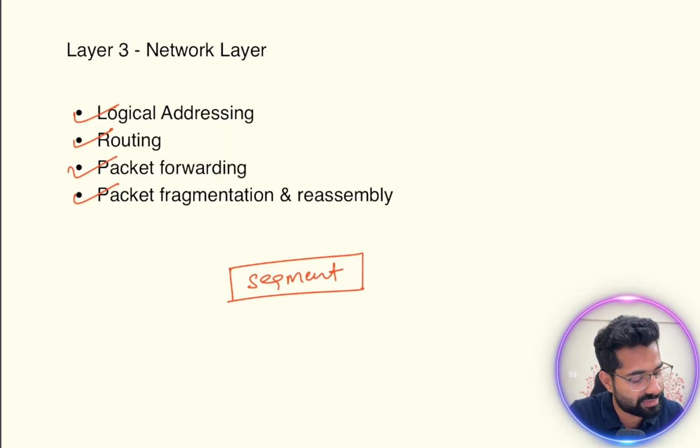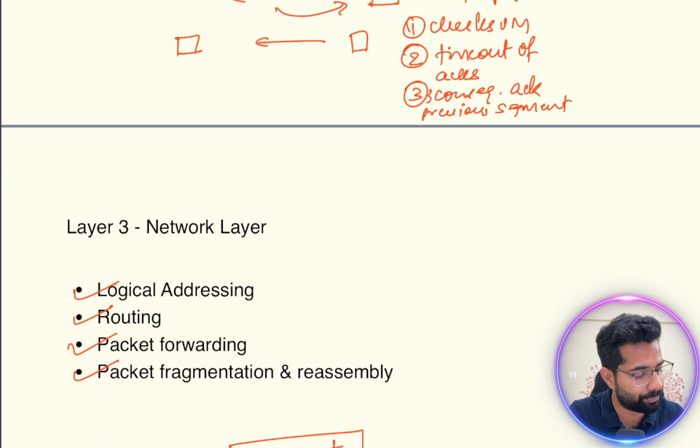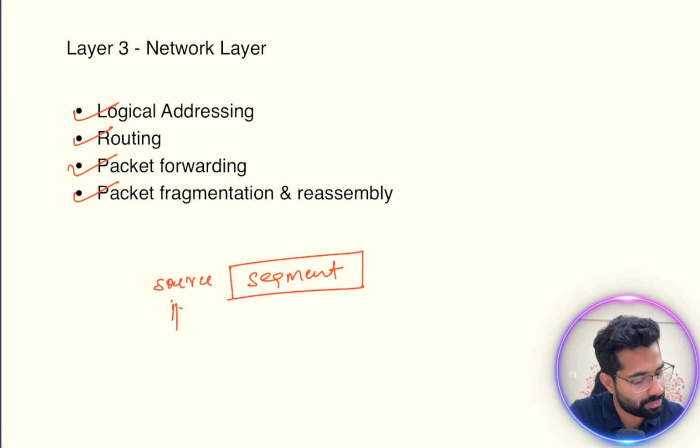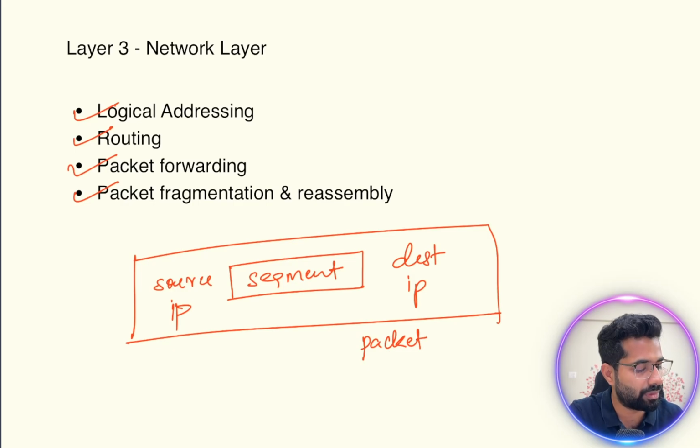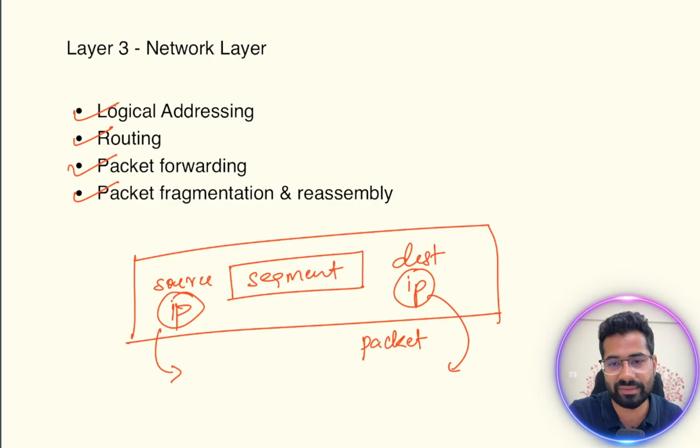Along with this segment, the source IP address, that is the IP address of your source computer from where the request is originating, along with your destination IP address, that is your final server's IP address, is appended, and this whole segment is now called a packet. This is called logical addressing. Why? Because we are appending the IP addresses to the segments, which are temporary in nature. IP addresses are not permanent, so that's why we call it logical addressing.